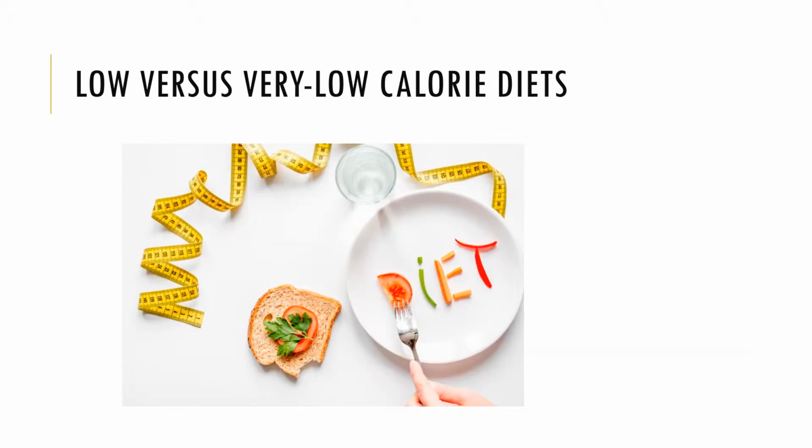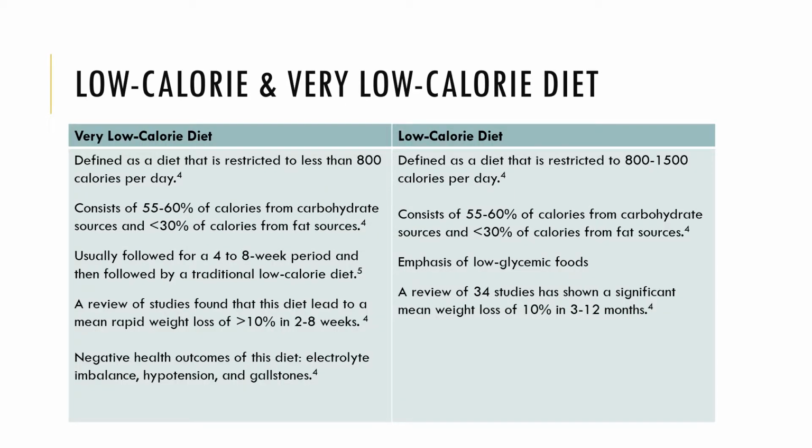Now I will discuss two different reduced calorie diets, the low calorie diet and very low calorie diet. So for the very low calorie diet, this is restricted to less than 800 calories per day. It consists of 55 to 60% of calories from carbs and less than 30% of calories from fat.